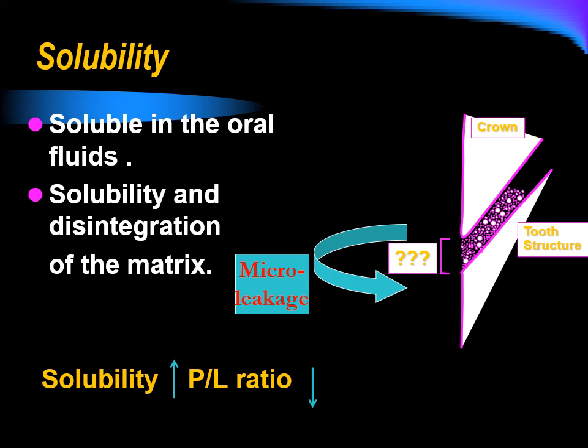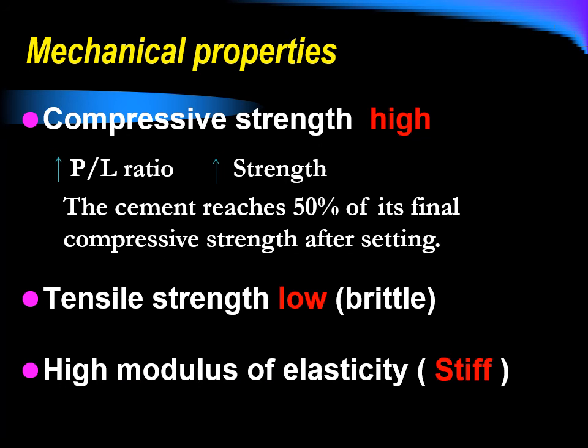So the solubility increases with the decrease of the powder liquid ratio. So we have to mix the cement with a proper powder liquid ratio to prevent early solubility in the oral cavity. The zinc phosphate cement has high mechanical properties. It has high compressive strength and a high modulus of elasticity. But like all types of cement, it has a low tensile strength.